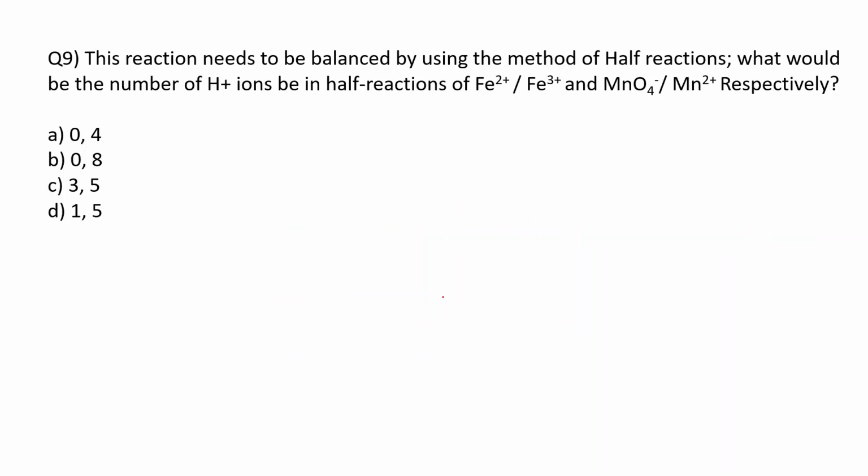So we'll see the question. This reaction needs to be balanced by using the method of half reactions. What would be the number of H+ ions in the half reactions of Fe2+ to Fe3+, and this one, respectively?